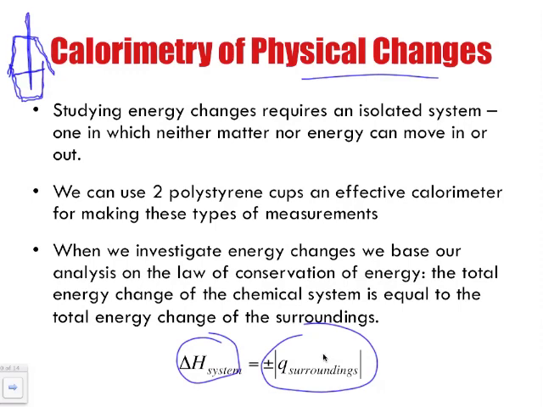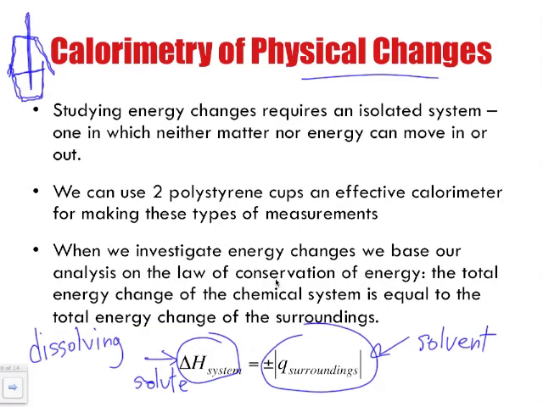Now what we're going to be looking at between such examples is the physical changes, and one of the physical changes is dissolving. So when we're dissolving, we are dissolving the solute, and the surroundings would be our solvent.